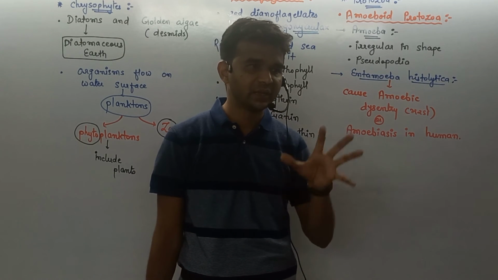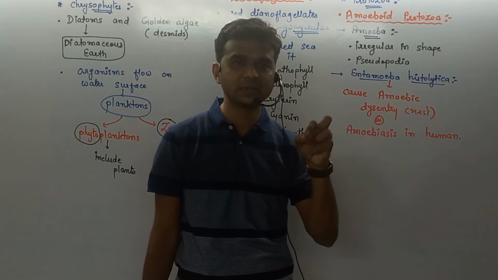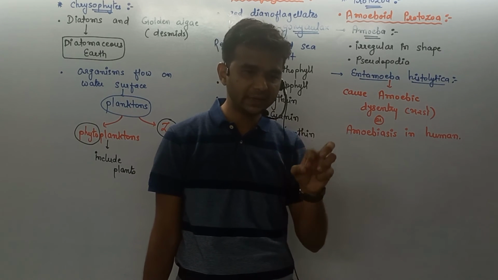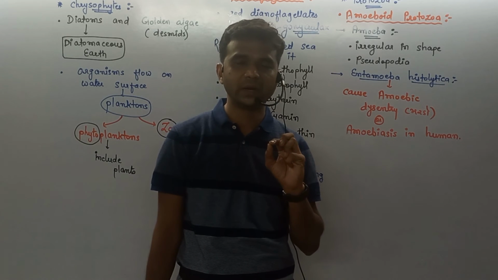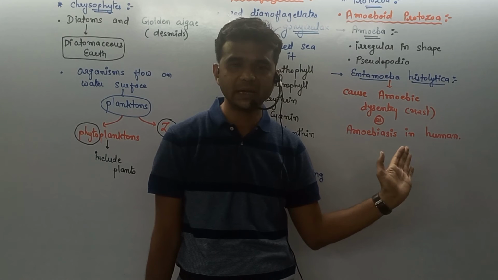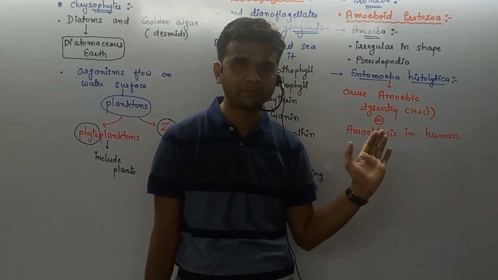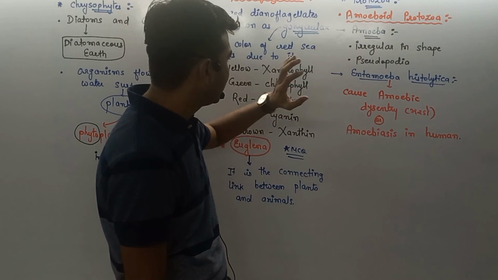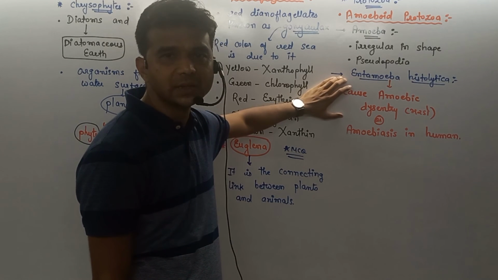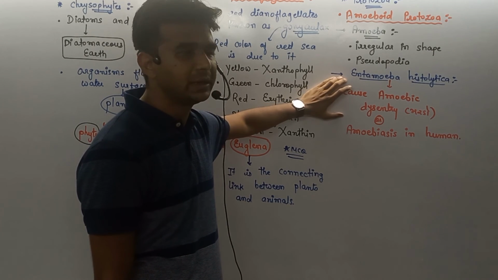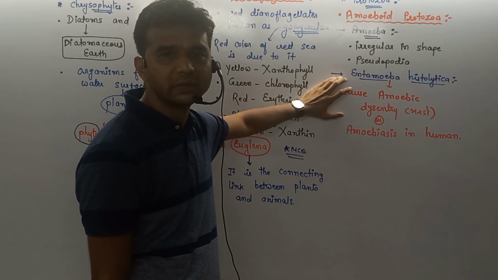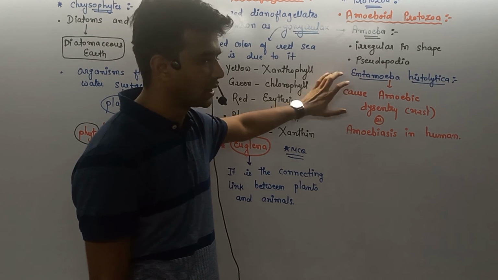When any person has amoebic dysentery or amoebiasis, the Entamoeba histolytica protozoa are present in the feces. When the housefly comes in contact with this contaminated feces, the protozoa come in contact with the housefly's body.